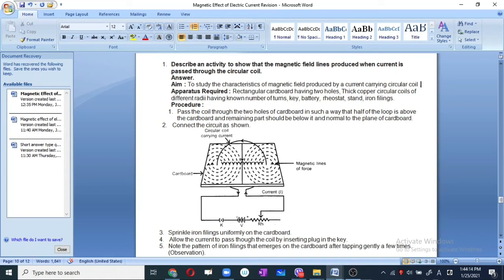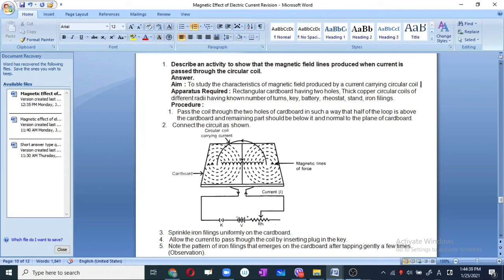Okay, these are the materials we require. After that, the process: pass the coil through the 2 holes of the cardboard in such a way that half of the loop is above the cardboard and the remaining part is below it, perpendicular to the plane of the cardboard. The wire should be placed perpendicularly on the cardboard as shown in the figure.